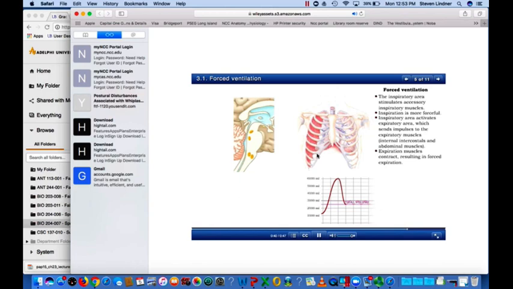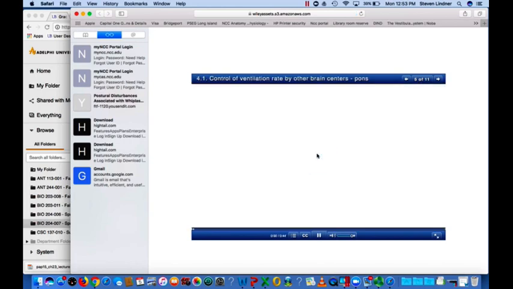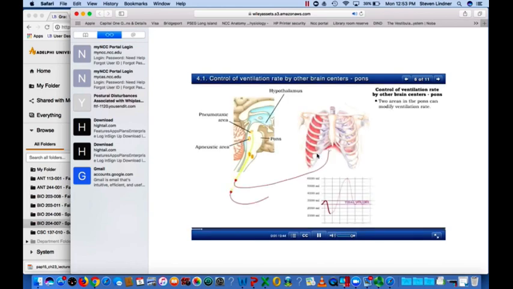The rate of ventilation can also be modified by input from other areas of the brain. Two areas in the pons can modify the rate of ventilation. The pneumotaxic area can inhibit the medullary rhythmicity area, resulting in shorter inspiration phases.